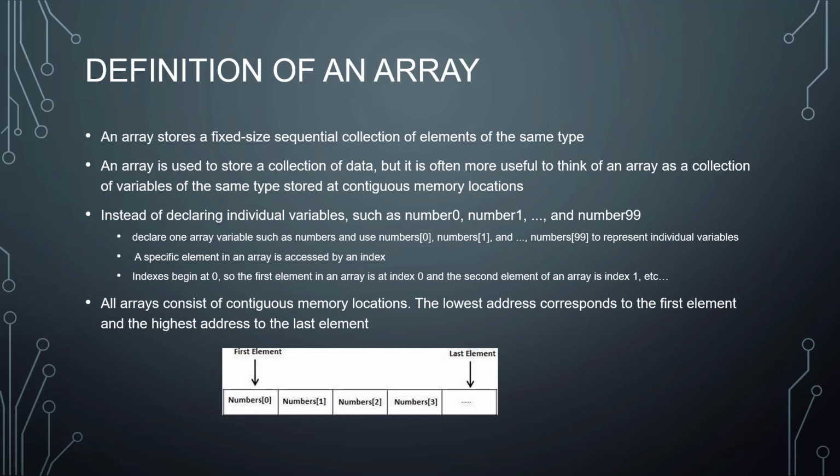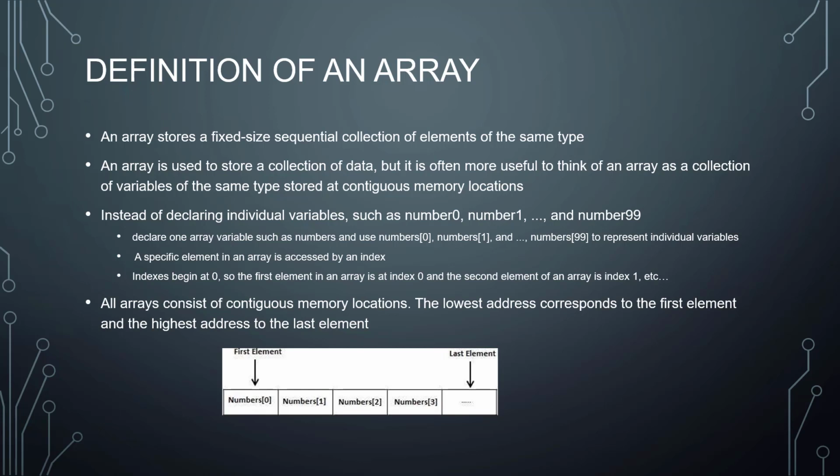But it's often more useful to think of an array as a collection of variables of the same type stored as contiguous memory locations. So let's say that you were writing a program and you were going to keep track of 30 students in a class, and you needed to keep track of each student's grade.